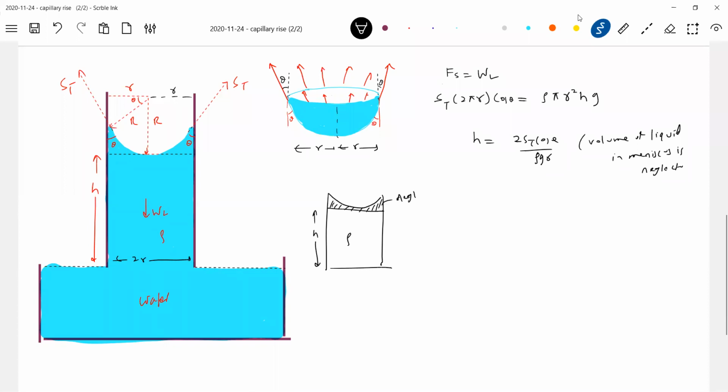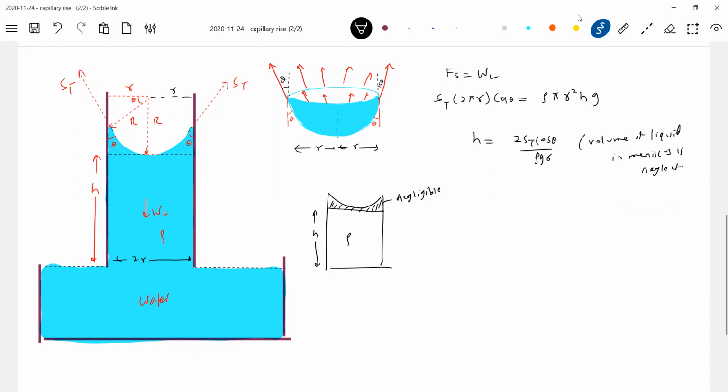This is negligible, we are saying. If you consider that, in books they have given how to calculate the weight of this, pi r square into that particular distance, you can work it out. It's there in the book. Even if you consider it, it will be a very small amount of liquid, so usually we neglect it.